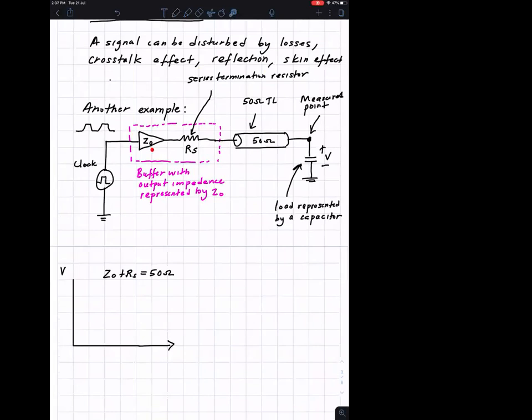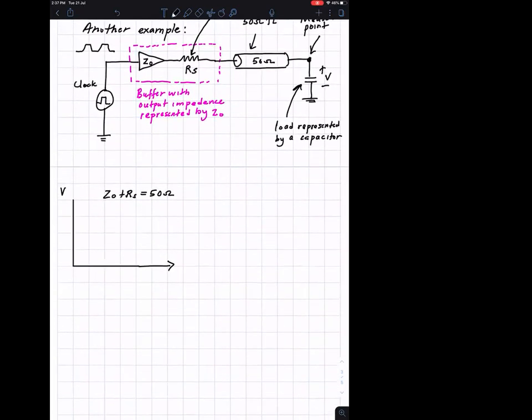If this series resistance plus Z naught is 50 ohms, that means this impedance is matching the transmission line's impedance. There will be no reflection or minimum reflection. In that case, what do you expect the output to be? Of course, if properly matched, then the output is going to be whatever you input. We're assuming there are no other losses.